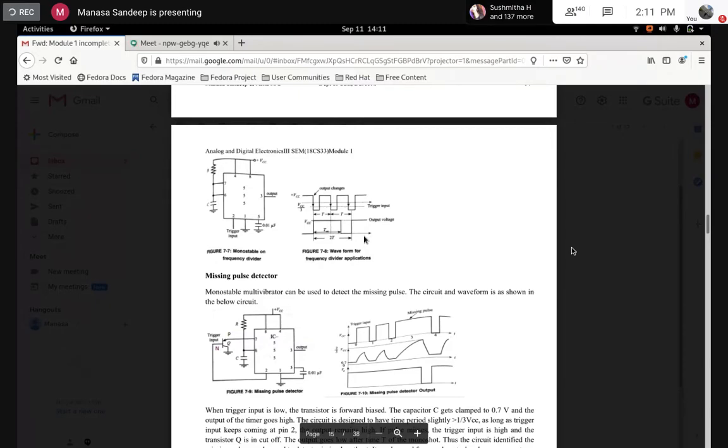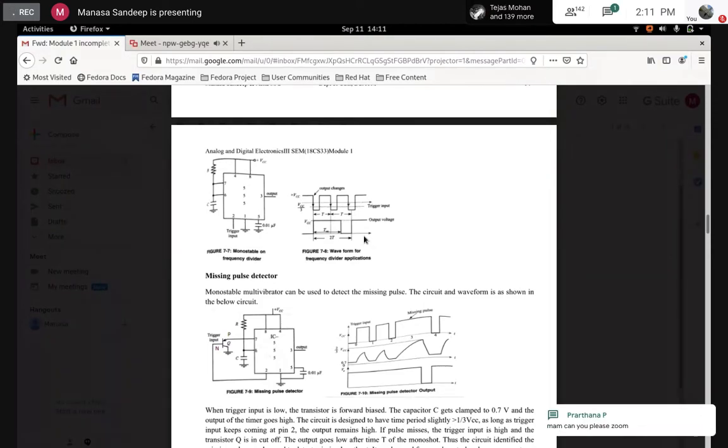Next, the output waveform below. Here the frequency is getting divided. What is the meaning of it? You know that frequency is inversely proportional to the time period, correct?